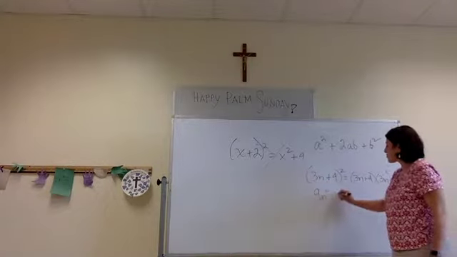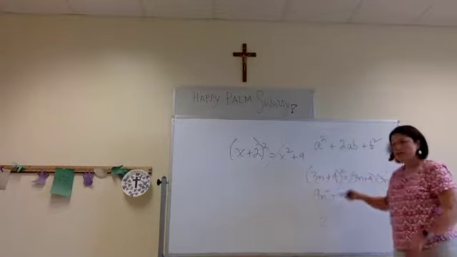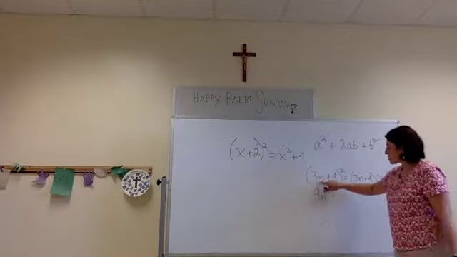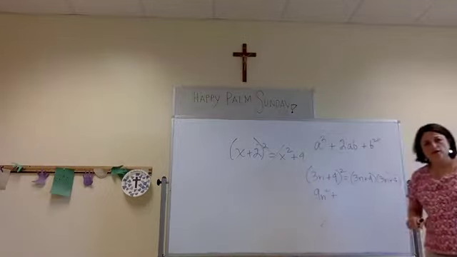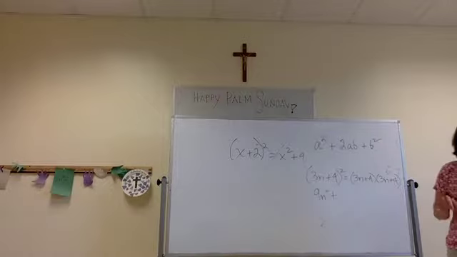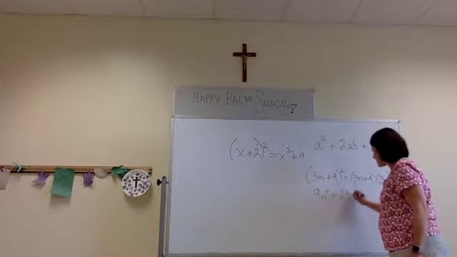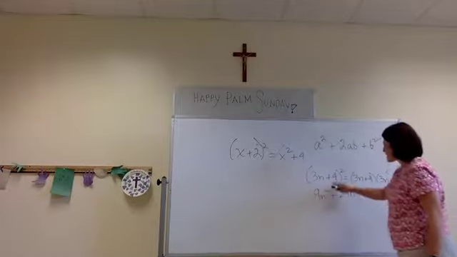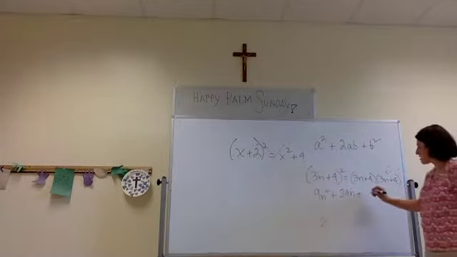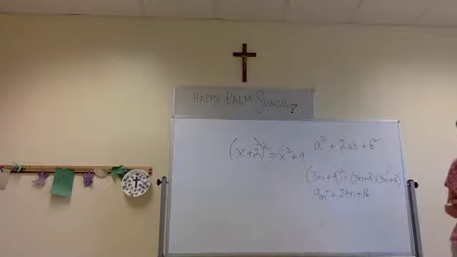The middle term is you multiply a and b and then double it. So what's 3n times 4? 12n. Times 2? 24n. And then the second term squared is 16. So 9n squared plus 24n plus 16.